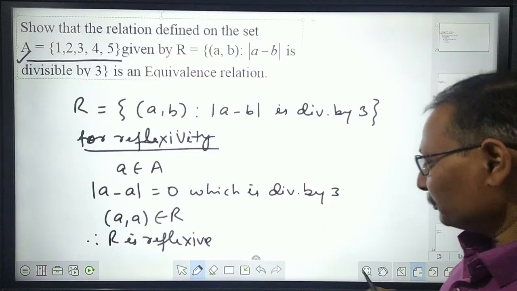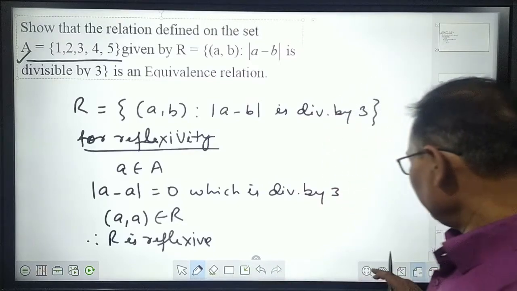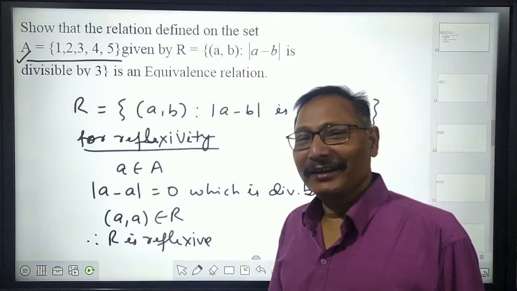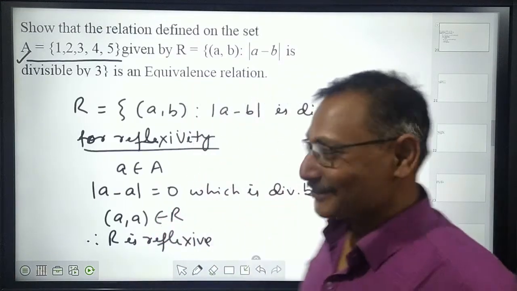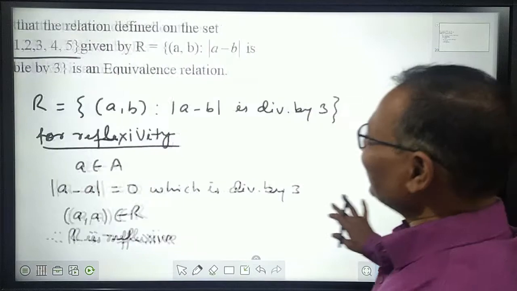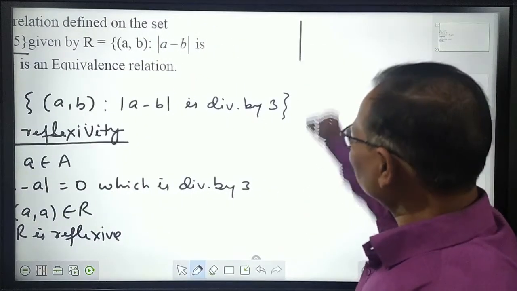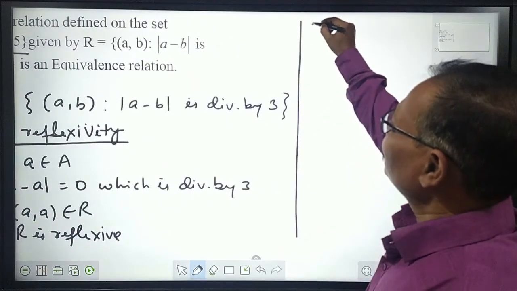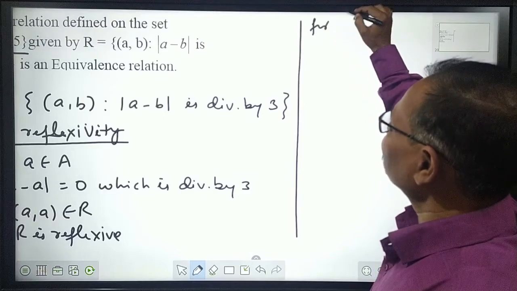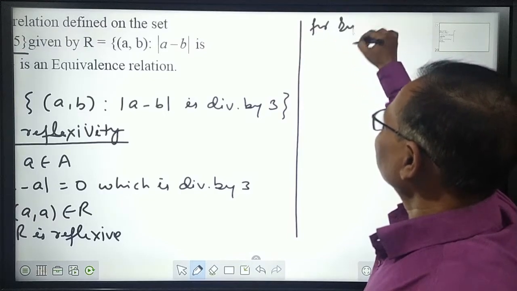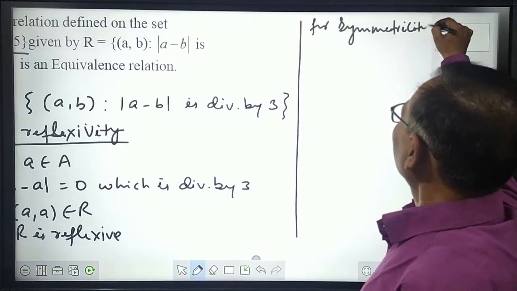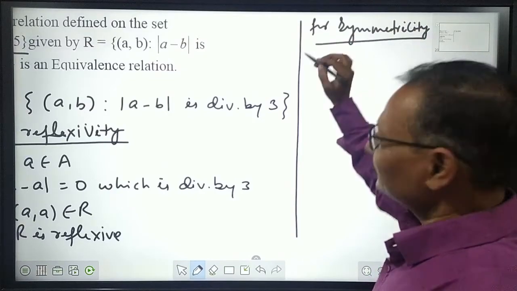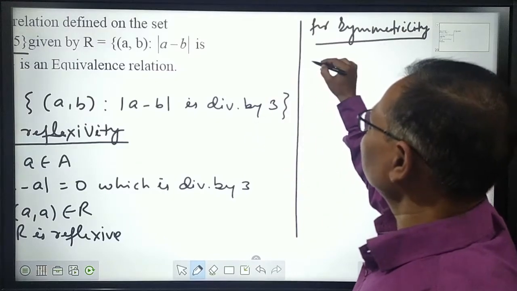For the purpose of symmetricity, we take an element from the given relation. So first of all, I am putting the heading for symmetricity. For this purpose, we take an element from the given pair.